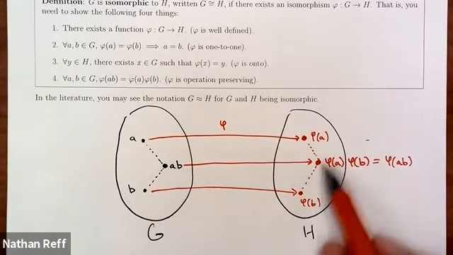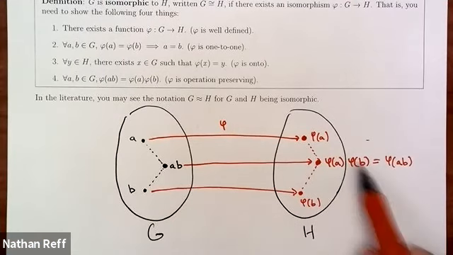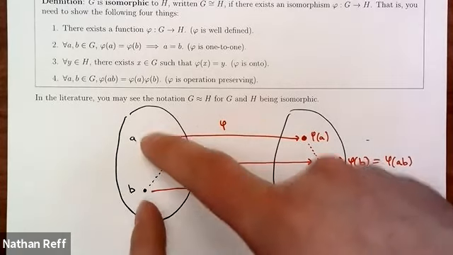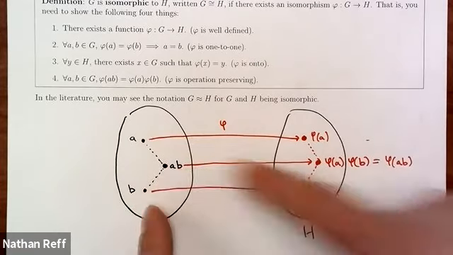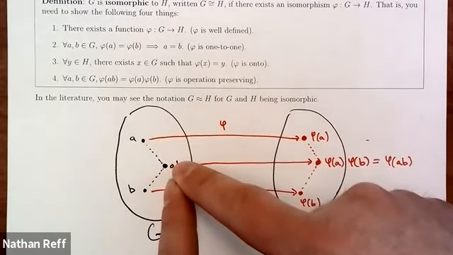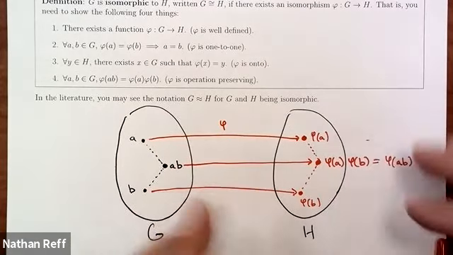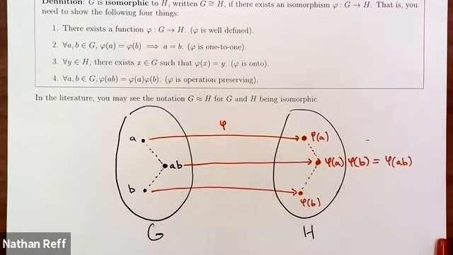So it must map to something in H, but it cannot map to something other than this. So that 4th property is ensuring this. Now, what is that doing intuitively? It's saying that it's preserving the group operation. So how A and B combine over here is exactly how their image combines over here. So that's what we mean by an operation preserving function.